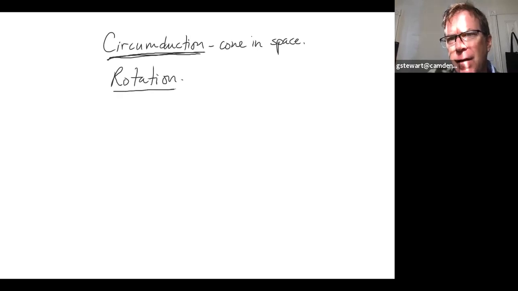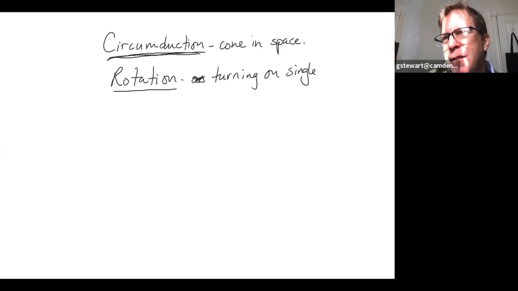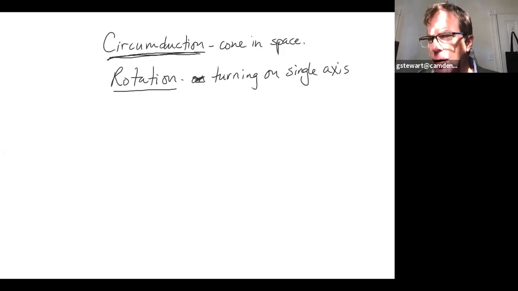Rotation is keeping the limb or the joint on one axis. So I'm going to say turning on single axis. Let me show you something really fast.